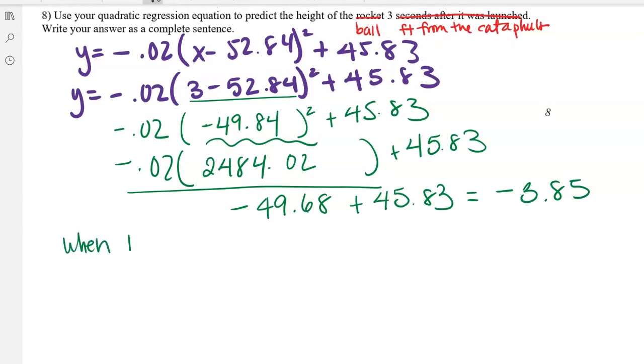When the ball is how many feet from the catapult? It's 3 feet from the catapult.